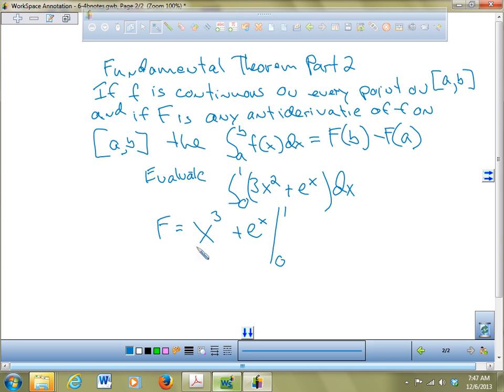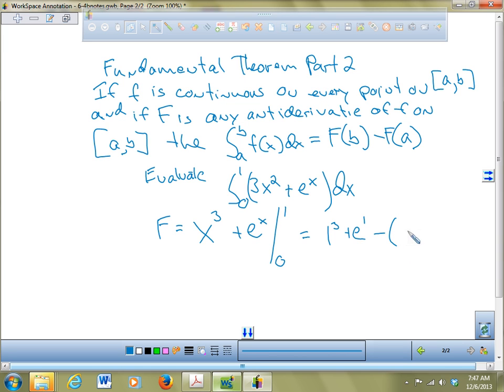Okay, yes, Joe? I have to do like a plus C or something. Well, you do, but the plus C, what happens to C? The C minus the C. They disappear, right? So that's why you don't have to worry about the plus C, because those disappear when you subtract them. So this is equal to 1 cubed plus e to the 1, right? Did I do that right?